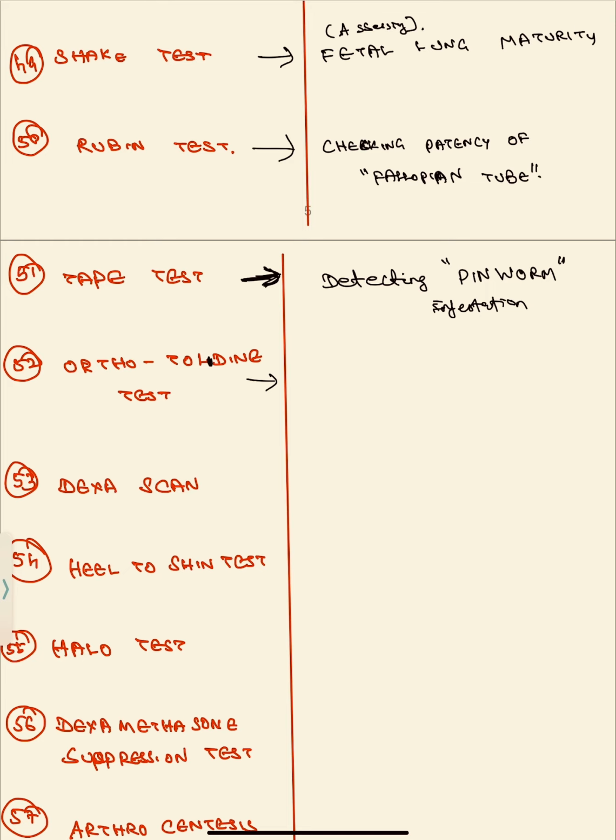Orthotolidine test. The orthotolidine test is for checking the chlorine in water. Remember this tolidine. Some of our homes will have RO water purifiers.